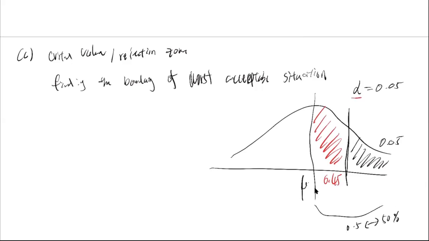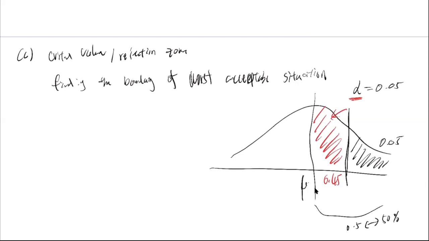But since our alpha is 0.05, the significance level is 0.05, as long as our measurement for that patient is not that significant, we're fine. So as long as our value for the patient lies in the red area, we can still call this patient normal.